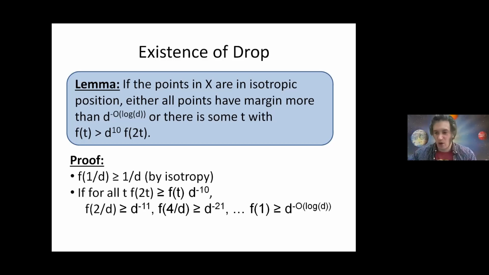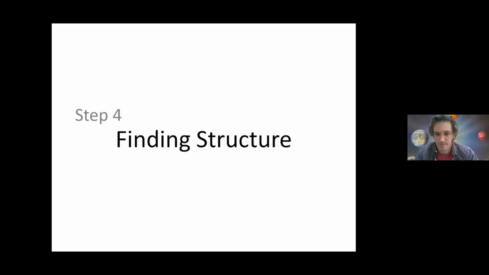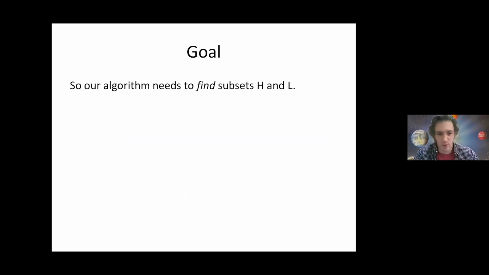We repeat this log d many times, and we find that f of 1 is bigger than d to the minus o of log d. So either there's one of these places where we have a big drop, or all of the points have reasonably large margin. Okay, so this is what we're looking for.